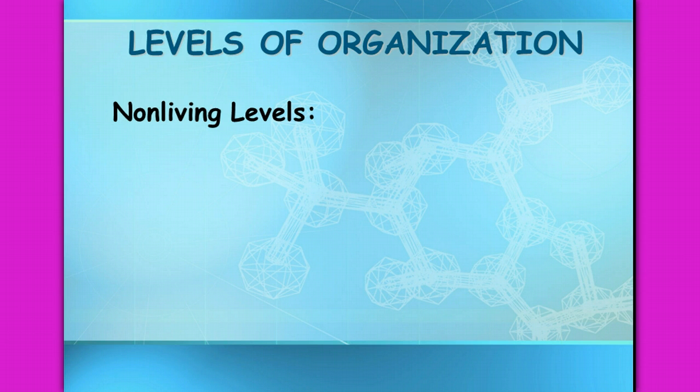So as we look at the organization of things, we're going to start with the non-living levels that we've already studied here in biology. And we've studied the atom, which is the basic unit of any element. It is the smallest particle that still retains the characteristics of that element.